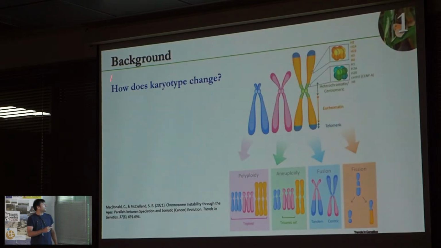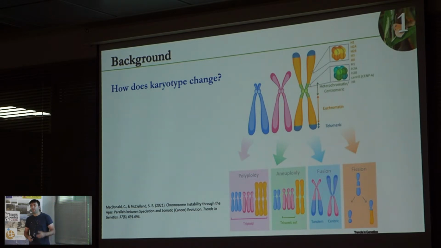So the first question is, how does a karyotype evolve? So there are different chromosome transitions that allow a karyotype to evolve. You can see here polyploidy, aneuploidy, and fusion and fission. Polyploidy entails a whole genome duplication, so you double the chromosome number and also the genome size.